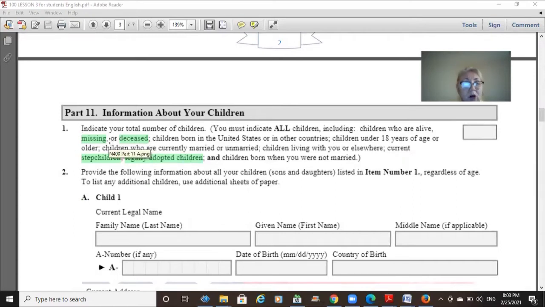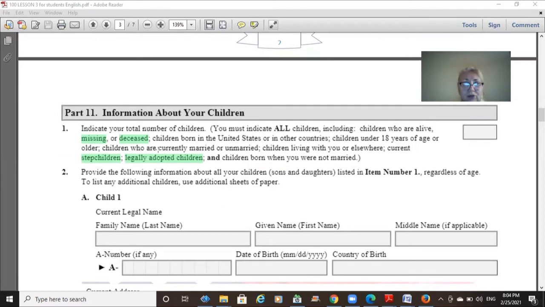Missing means lost, deceased means passed away. Children born in the United States or in other countries. Children under 18 years of age or older. Children who are currently married or unmarried. Children living with you or any place else, elsewhere.